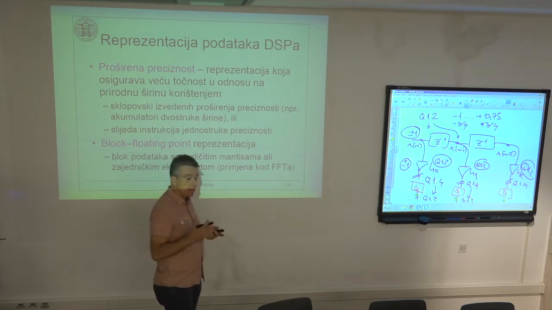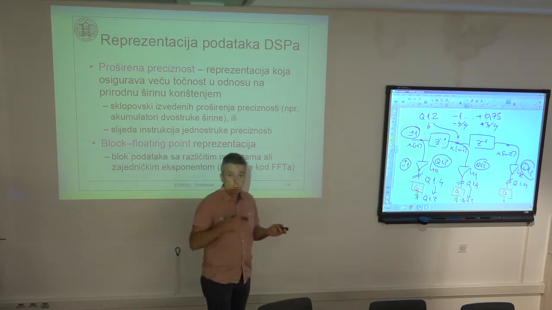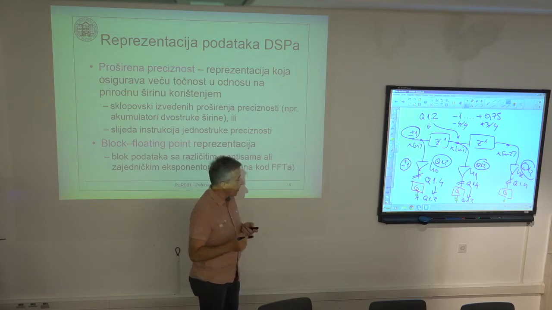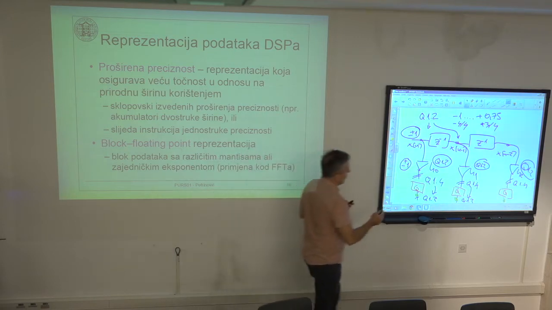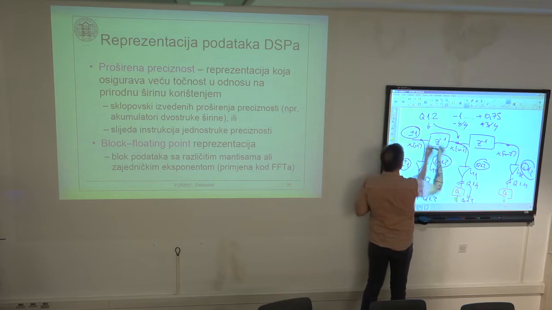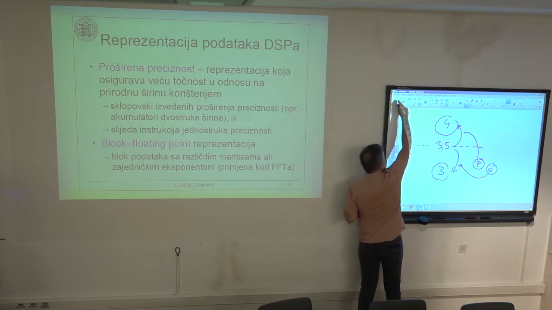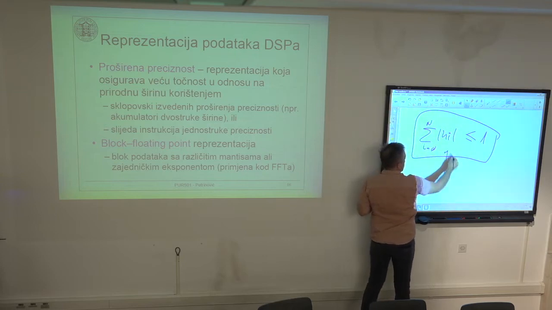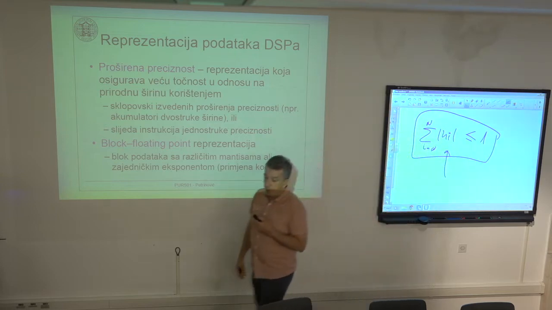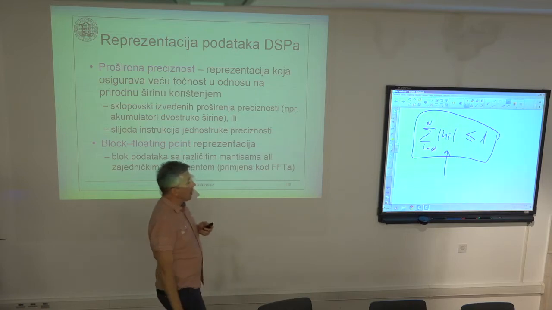If I want to make sure that this sum of products does not exceed the maximum value, plus minus 1, it is sufficient to have this condition ensured. This condition is that the sum of absolute values of filter coefficients must be less than or equal to 1.